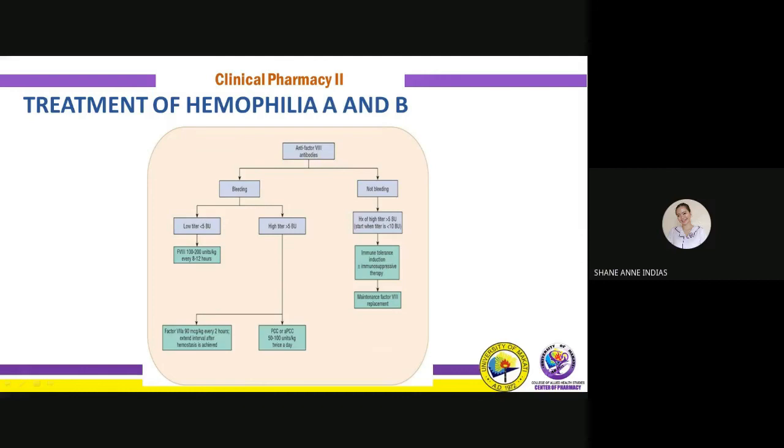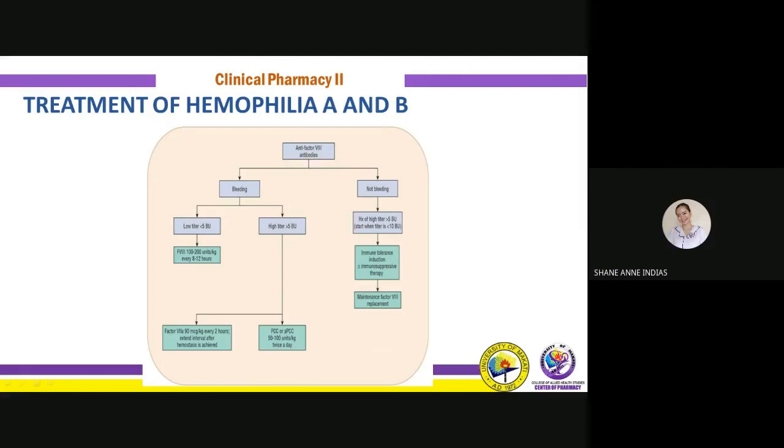So, sa mga patients na nakaka-experience ng bleeding episodes, makaklasify din naman natin yung therapy or yung treatment with yung parameter dito is yung inhibitor titer kung low ba or high.